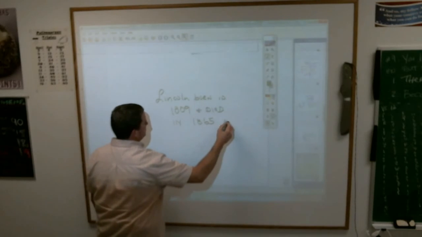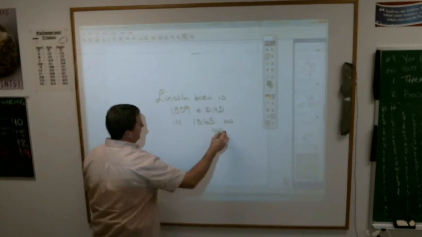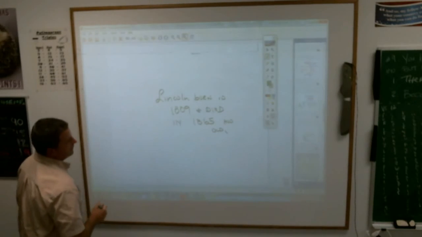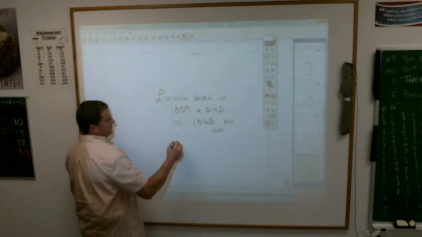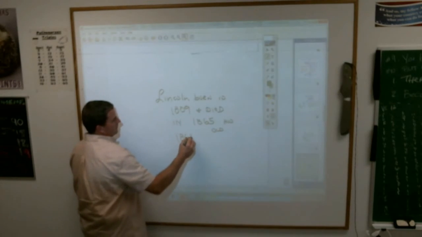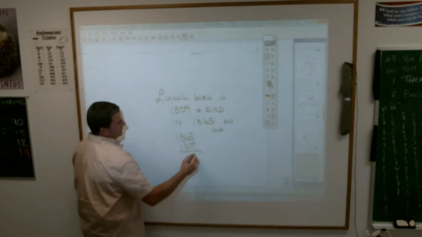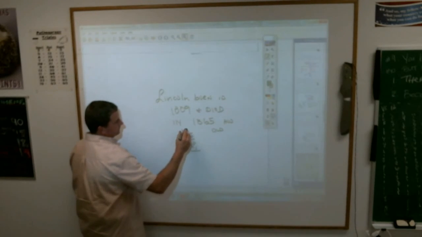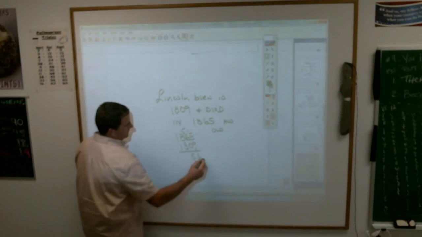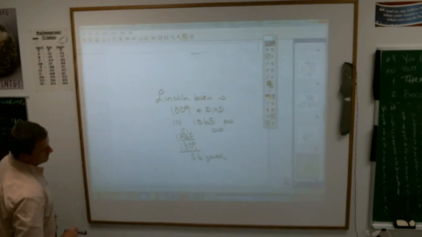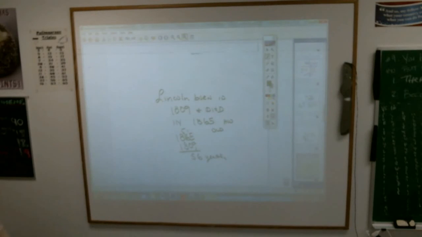Again, we're comparing his death to his birth, and the bigger number has to go on top. How old was Lincoln? He's not very old. 56. Most of those pictures make him look a touch bit older, don't they? He was not a young looking man.